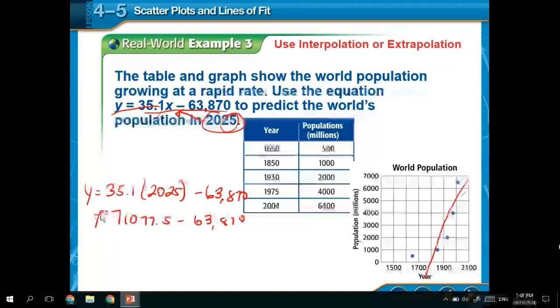So when I do that, I get 7,207.5. So if I'm looking at this in the year 2025, so that'd be somewhere maybe in here, they're expecting about 7,000. And it makes sense. So we're okay.